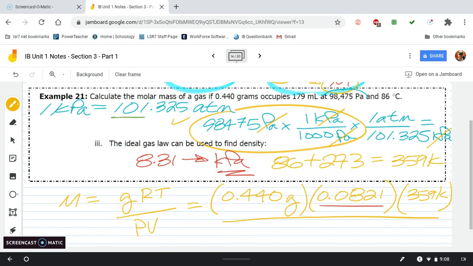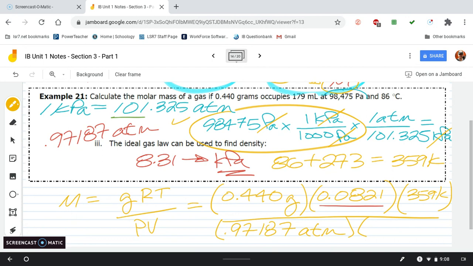And I get, with like 5 sig figs, 0.97187, and that would be ATMs. Okay. And so then I'm going to put that down on the bottom. So it's 0.97187, and that's ATMs, all right?